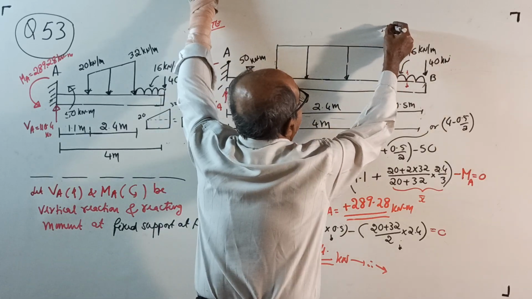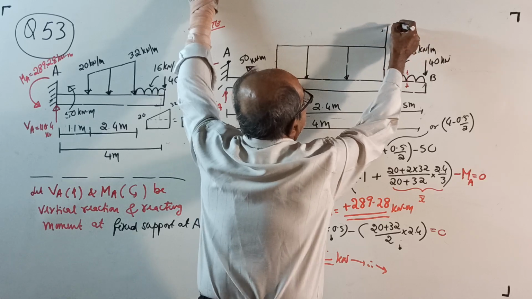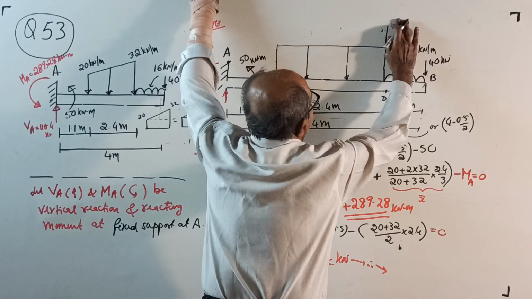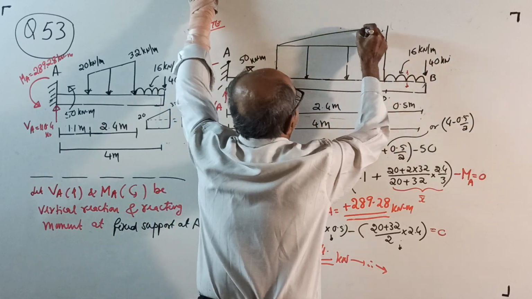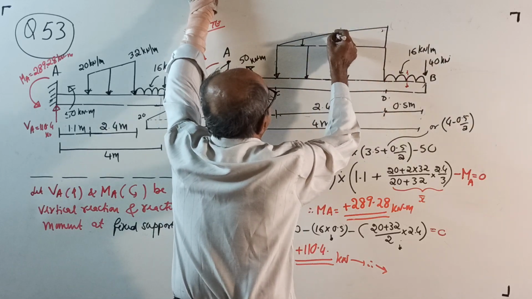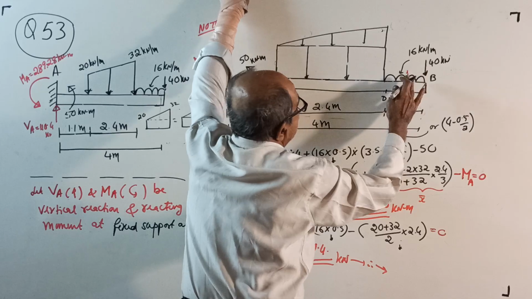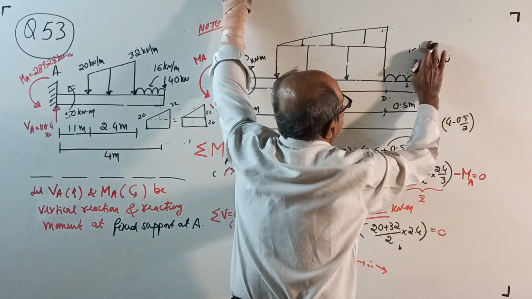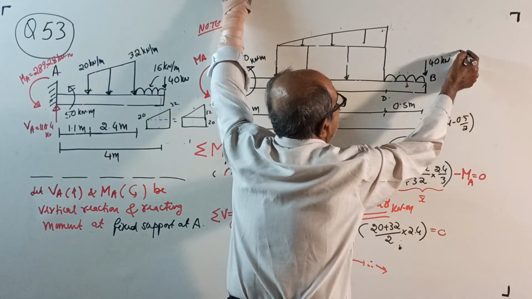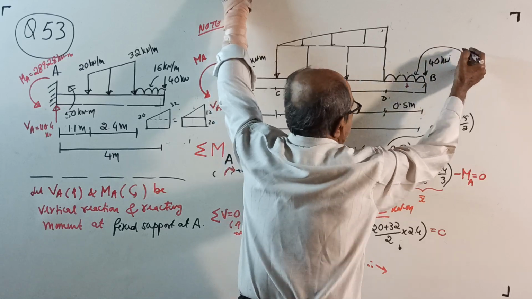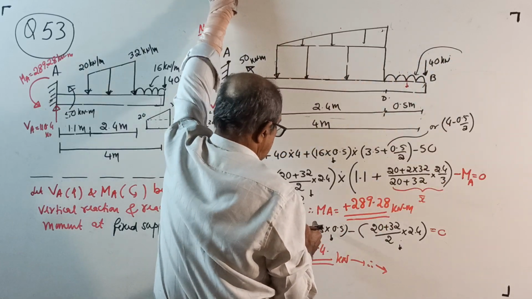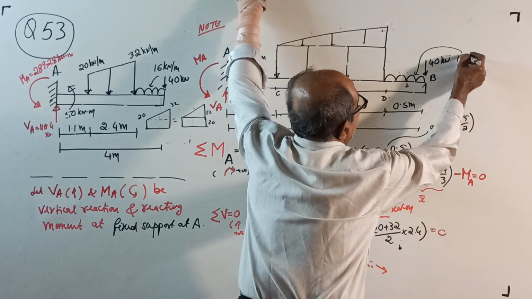Then here 12. Just to understand, stagger the loads. Now this 6 kN per meter, I will shift somewhere here, it is disturbing me. How much is it? I forgot. 16, see, so fast forgotten.